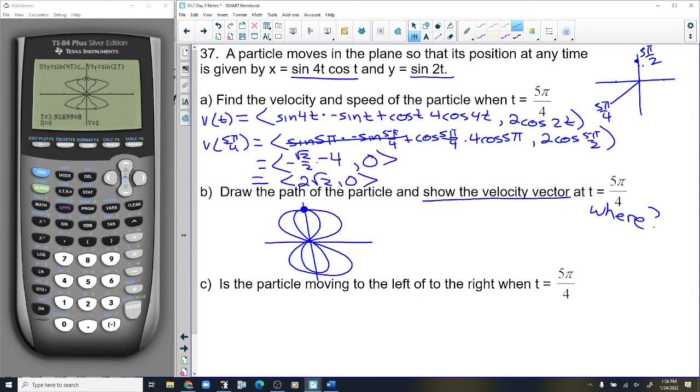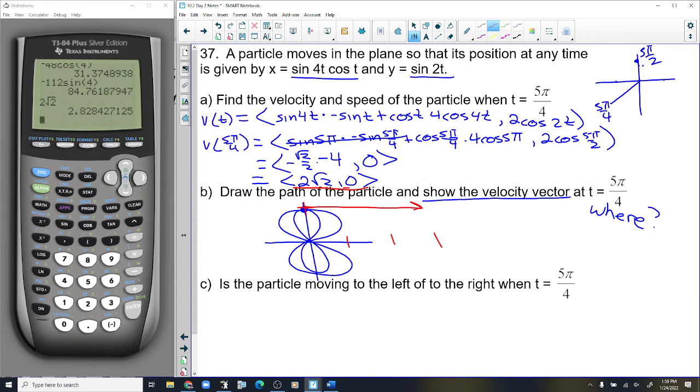So it's like we have this brand new x and y axis right there. And we want to plot the velocity vector, 2 square root of 2, 0. So let's get an idea of what 2 square root of 2 is. It's almost 3. 1, 2, 3.